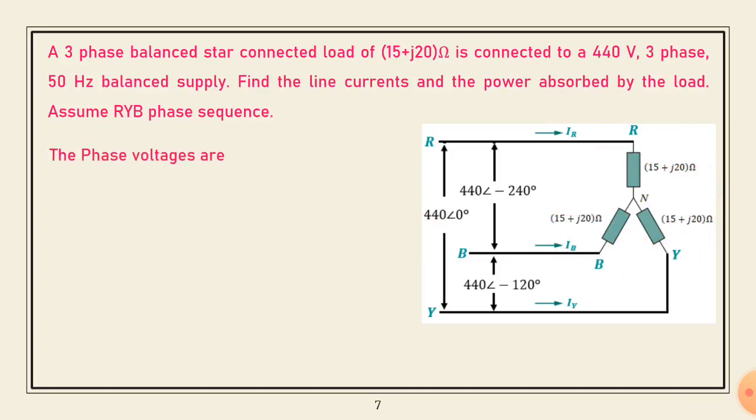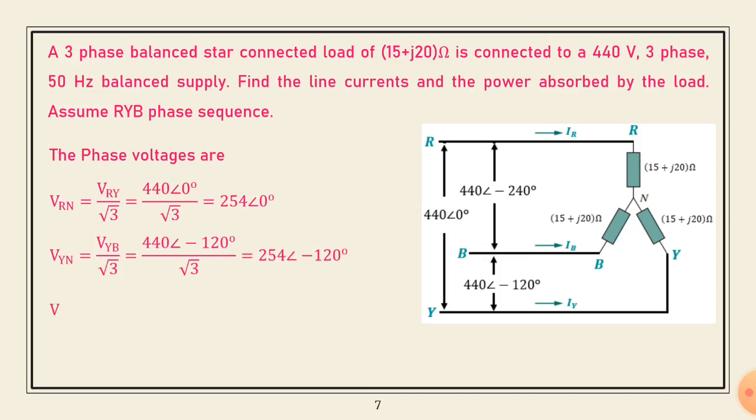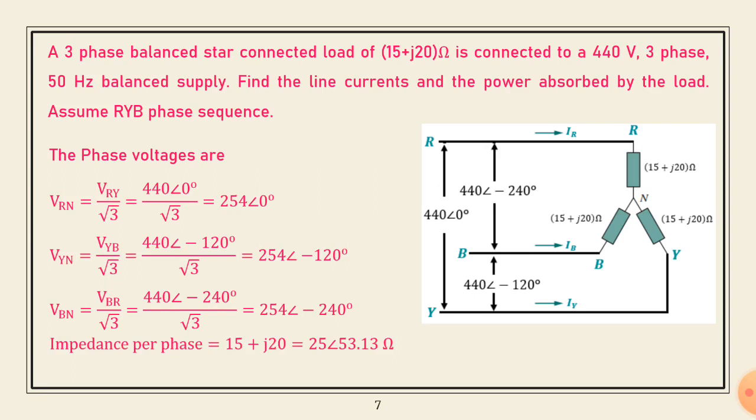The phase voltage VRN is equal to line voltage by root 3. You can write all three phase voltages. The magnitude will be the same, only the angle will be different. The impedance of the phase you can convert into polar form: 25 at an angle 53.13 ohms.